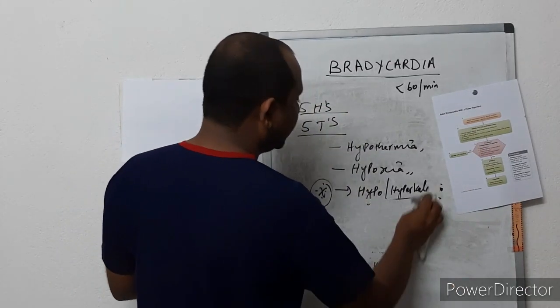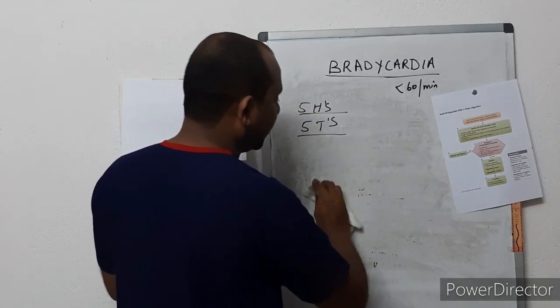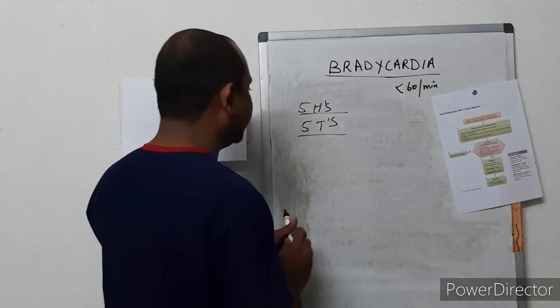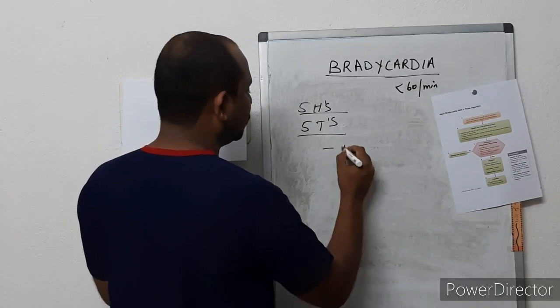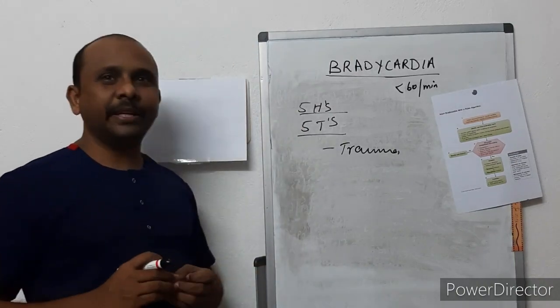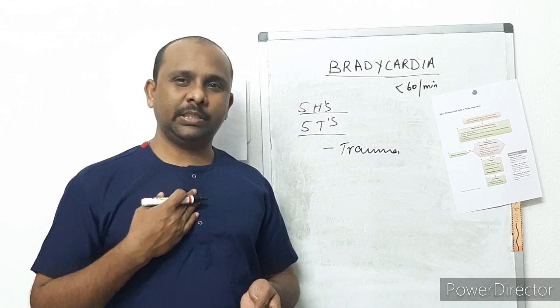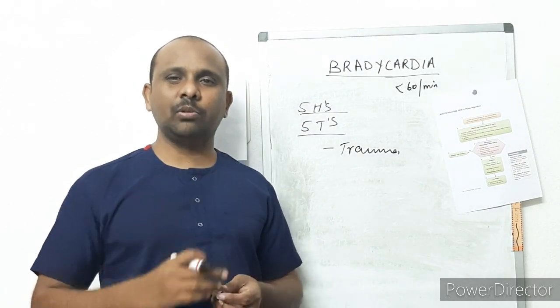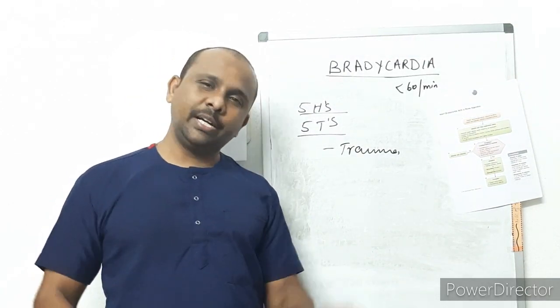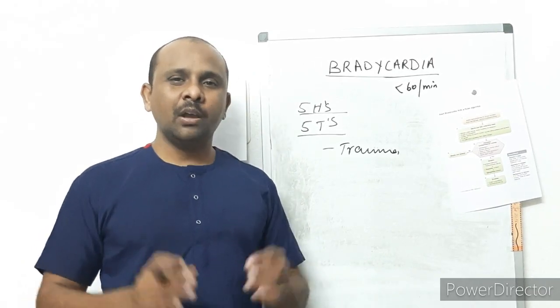These are the reversible causes which will produce bradycardia. Next we will come to the T's. So what are these 5 T's which will produce bradycardia? The first T is trauma. This is a very rare scenario, like when you are hit by chest trauma, a direct hit over the chest, you can get any kind of arrhythmia: atrial arrhythmias, ventricular arrhythmia or ectopics, whatever it may be.